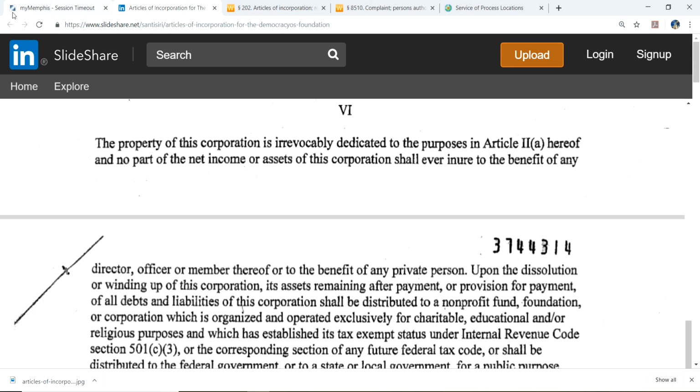I think this is just a set provision that the incorporator wanted to have in here to make sure that there is a firm understanding that the corporation cannot benefit a shareholder or an officer or director or so forth, somebody within the corporation, other than somebody receiving services from the corporation.